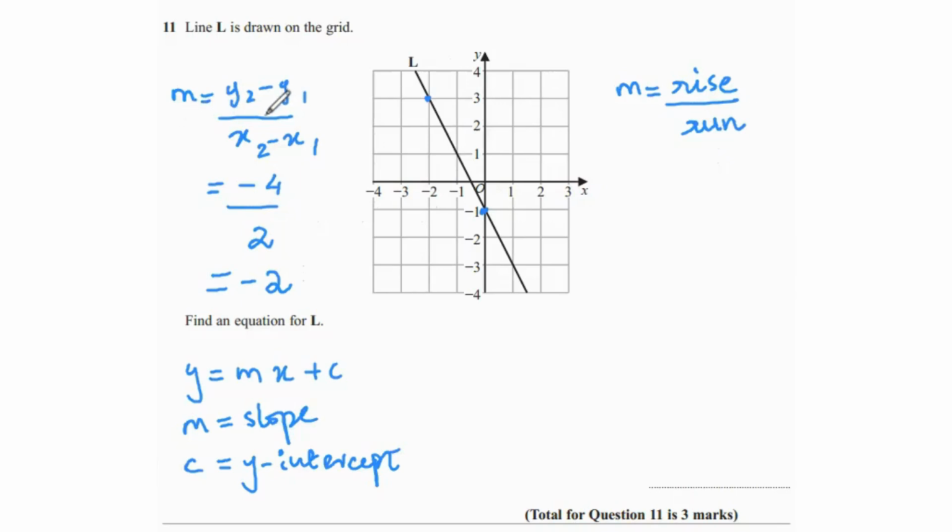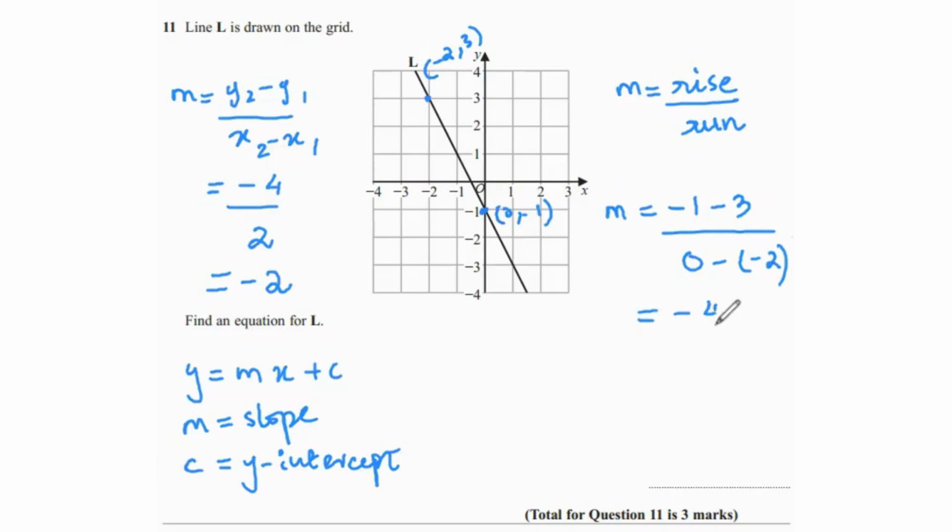If you want to use the formula, you can say that m equals, this point was (-2, 3) and this point is (0, -1). So -1 minus 3 over 0 minus -2.